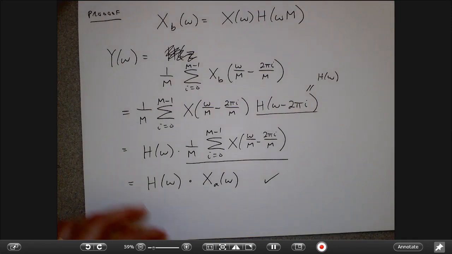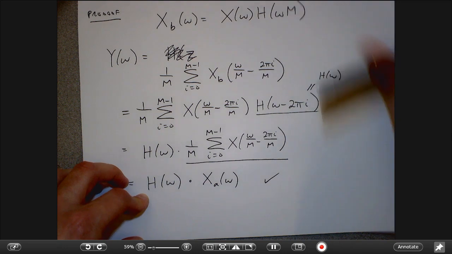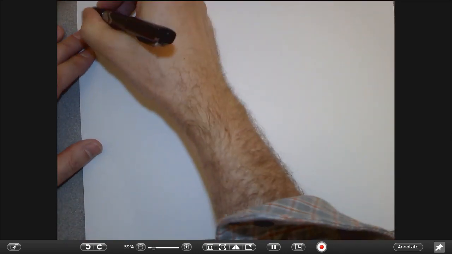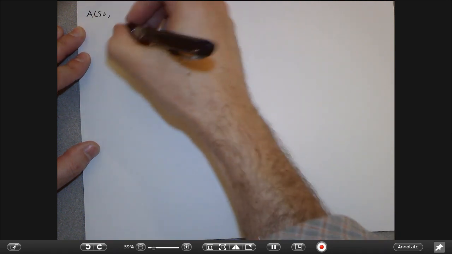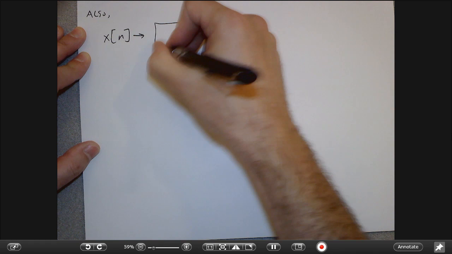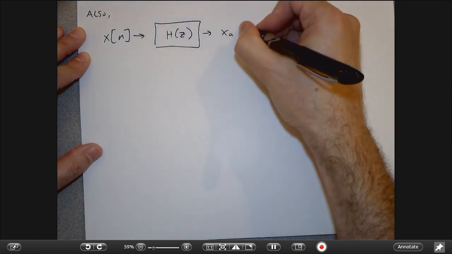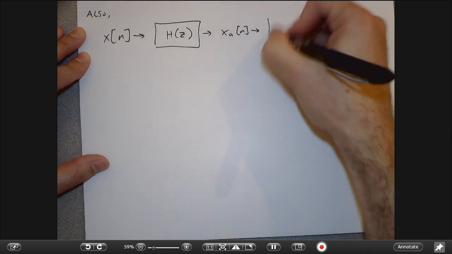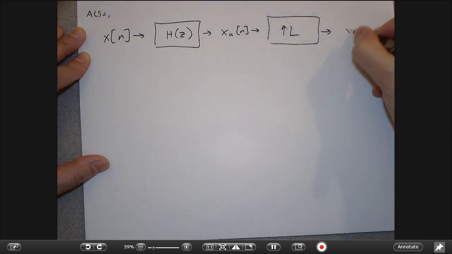The other one is flipped around using upsamplers, right? So another one is that also, if I have this system where I put it through a filter, I get some signal, then I put it through this upsampler, and I get some numbers.